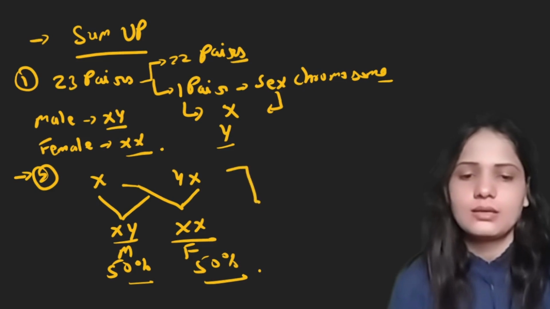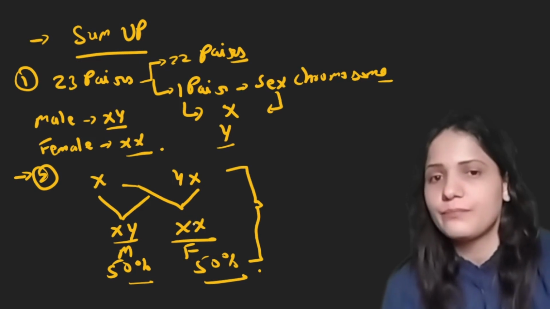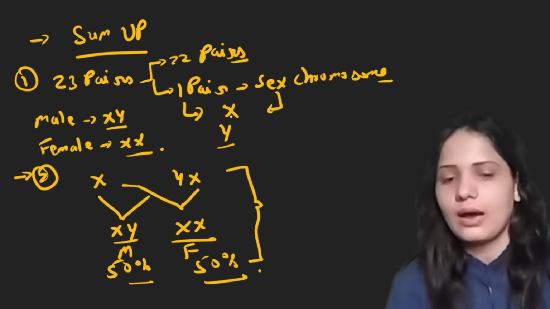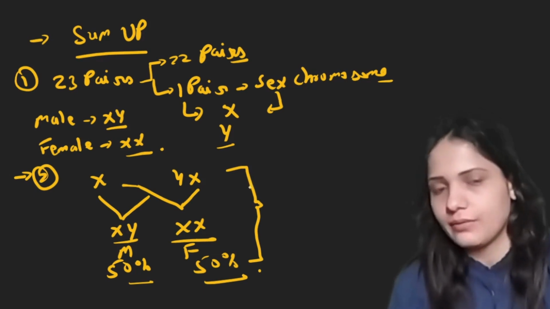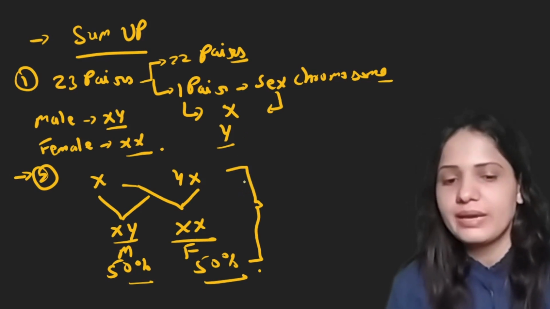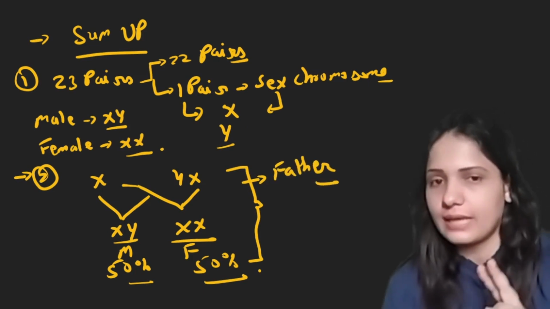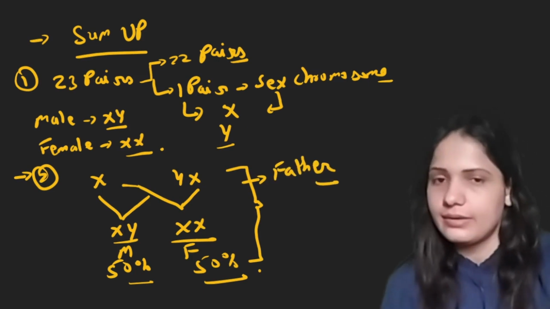This is the sex determination in case of human, which depends on genetics of parents. Our parents will decide the sex of their offspring, whether they will have a boy or a girl, and it is mainly determined by father, as father has two different types of chromosomes, X and Y.